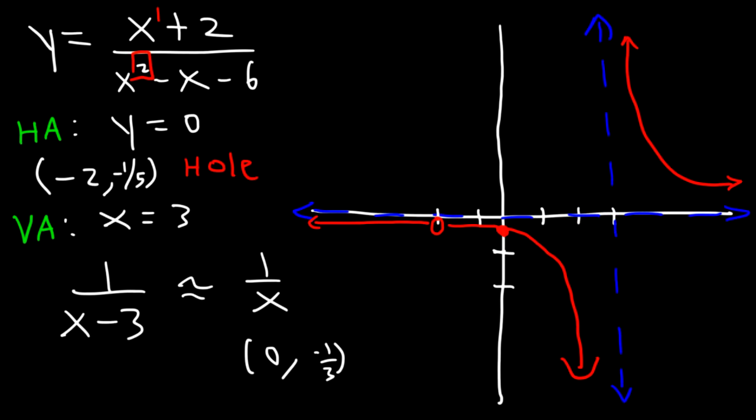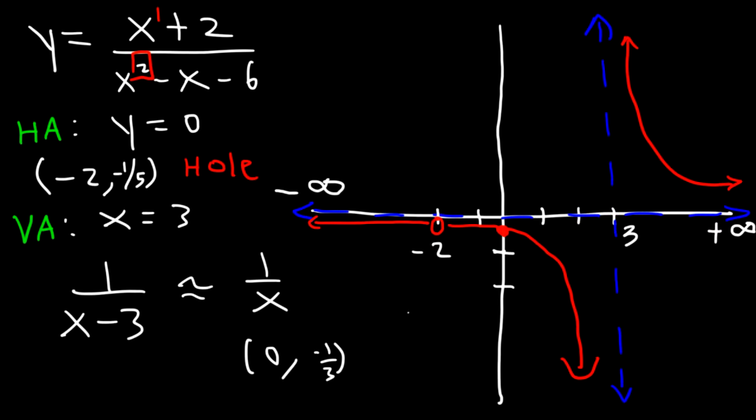Now we need to find the domain and range. How can we do that? For the domain, we know that the lowest x value is negative infinity and the highest is infinity. However, x cannot equal the vertical asymptote, which is 3, nor can it be equal to the hole because the hole doesn't exist. It's a point of discontinuity. And the hole has an x value of negative 2. So keep this in mind.